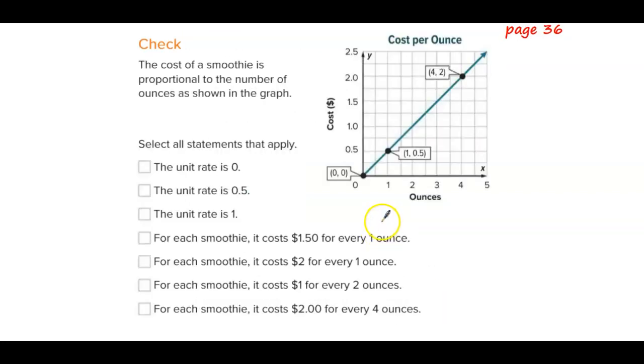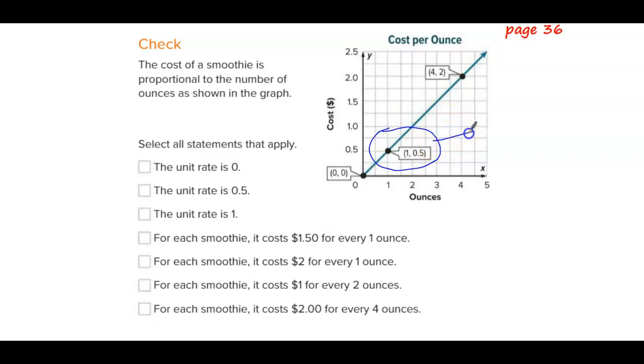Now they want you to tell which of these is correct for this graph. Okay, if you want to pause this and see if you can figure this out yourself, there are 3 in the list that do apply to this graph, but if you want me to just tell you how to do it, I will. Remember, to find the unit rate, you just need any point on the graph.